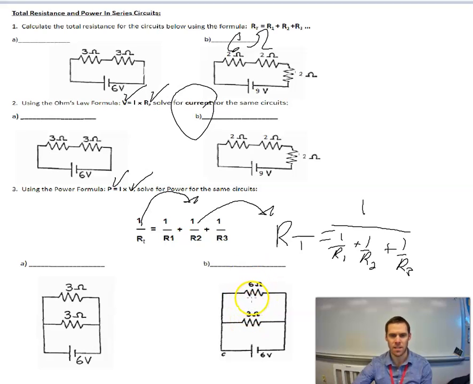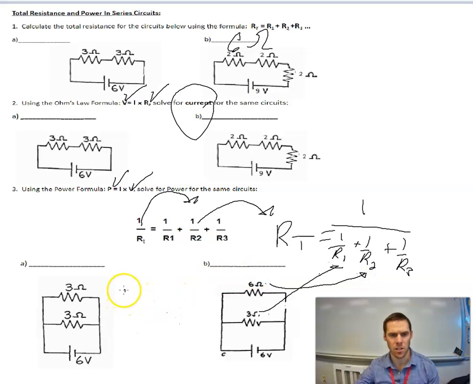We need to find the common denominator, which we do not need to do over here for A because it's already similar. So when we're adding fractions, we want to make sure that we have our denominators in line with one another. So if I were to add my resistance, which is 3 for R1 and 6 for R2, I'm going to plug in my resistance of 3 into R1 and my resistance of 6 into R2.